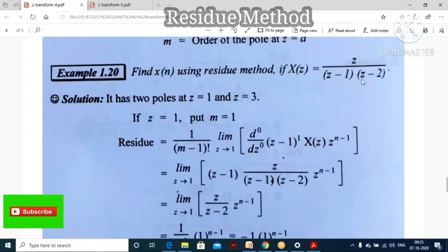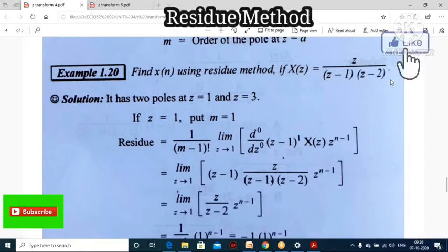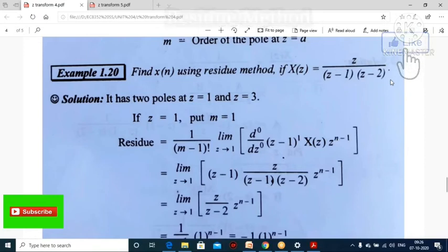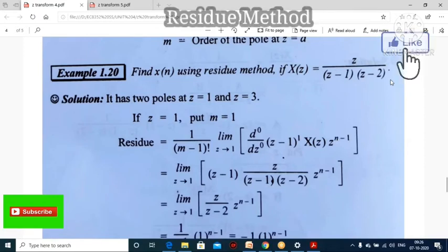In this transfer function, you have two poles, z minus 1 and z minus 2. In any system function, the numerator part represents zeros of the system. Denominator part represents poles of the system. Got the point?